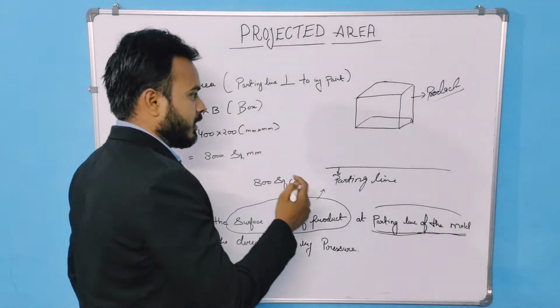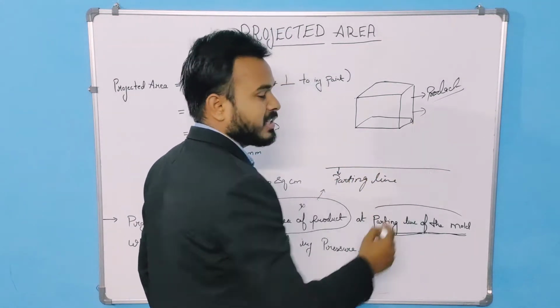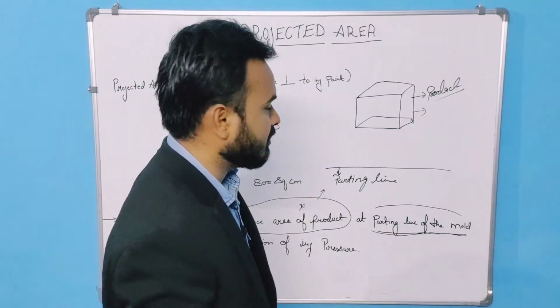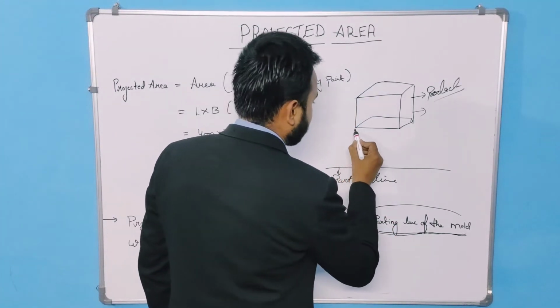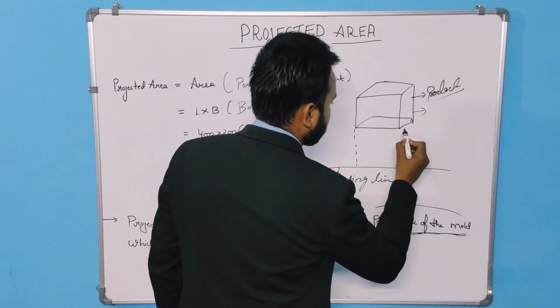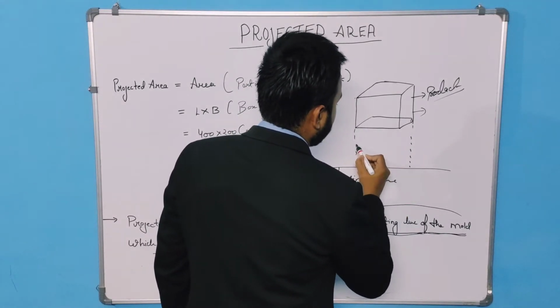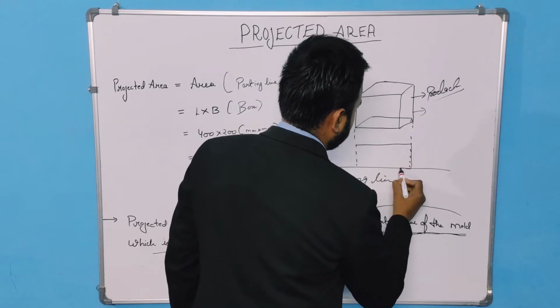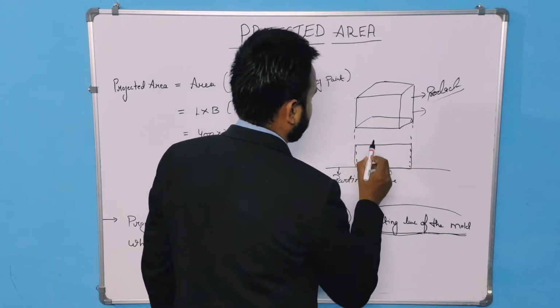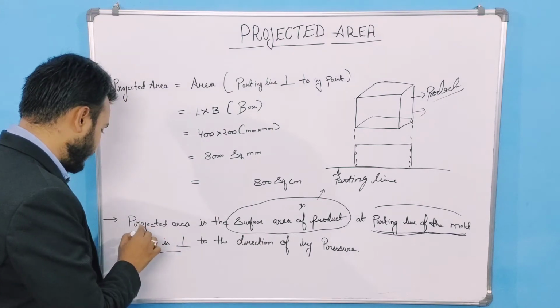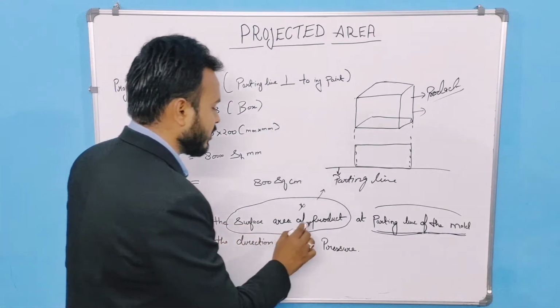Now, this particular product is in cuboid shape, but the projected area will not be in the form of a cuboid. When we see the projected area, it will be like this, in rectangle shape. I think you would have got that projected area is the surface area of the product.